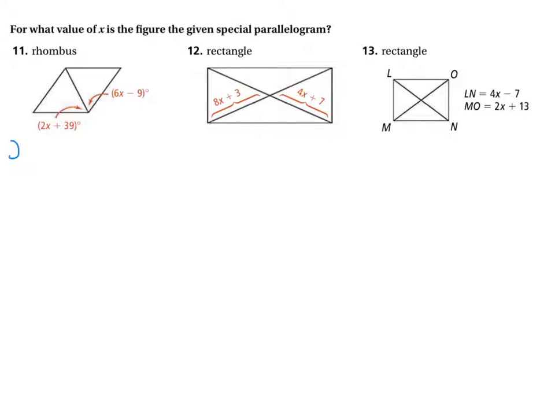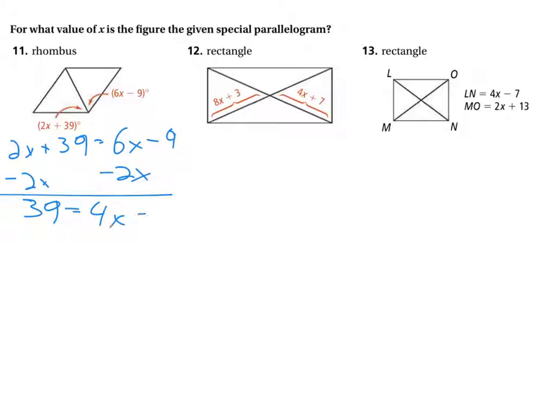So 2x plus 39 equals 6x minus 9. And then how do we solve it? Well, I'm going to get all the x's on one side, and we know how to do this algebraically. 39 equals 4x minus 9. Add 9 to both sides.